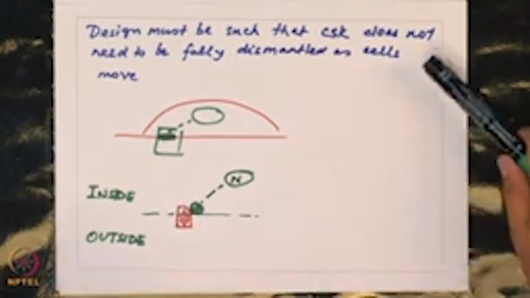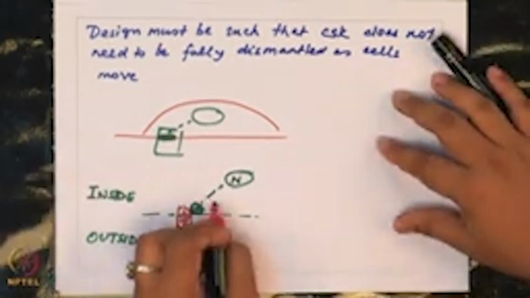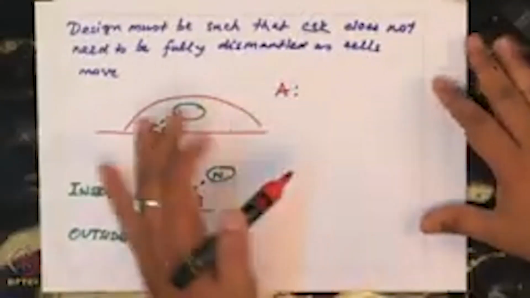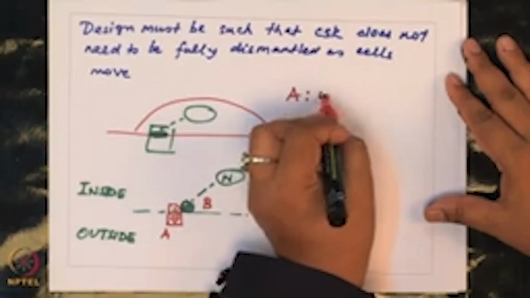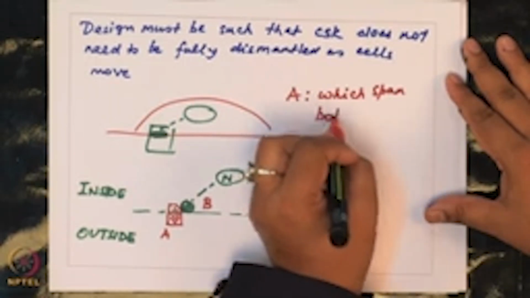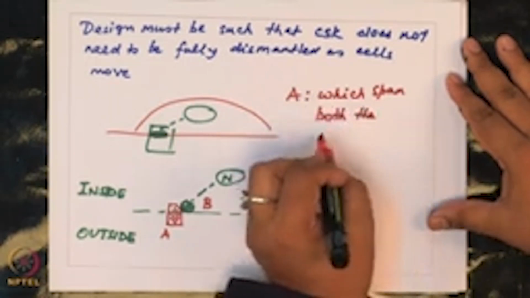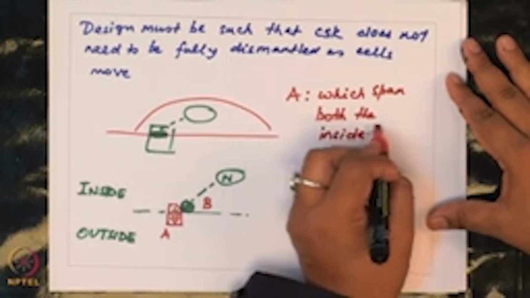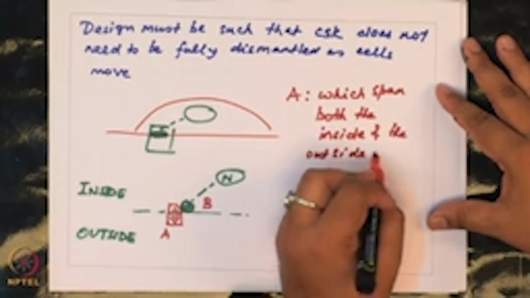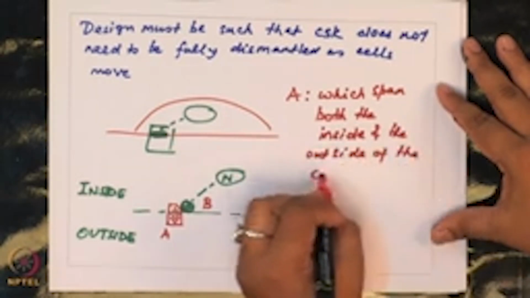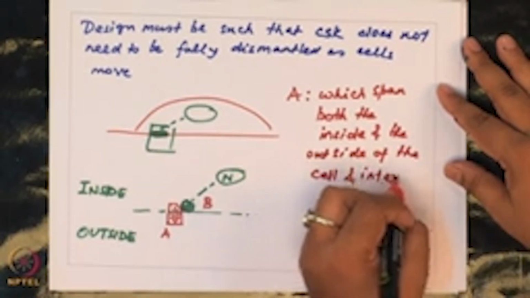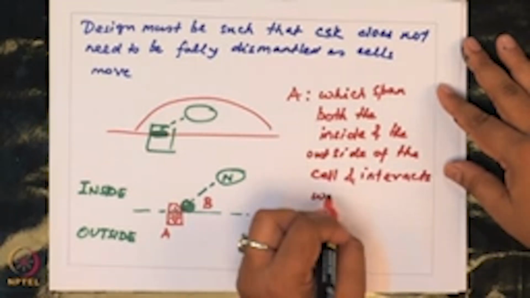Okay. So, you have two entities, entity A, which span both the inside and the outside of the cell, and interacts with the ECM.